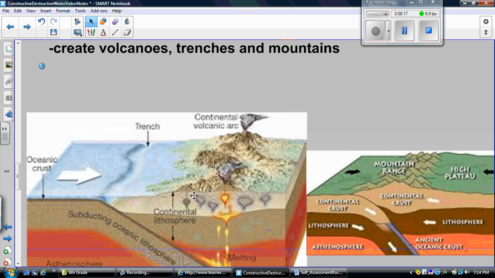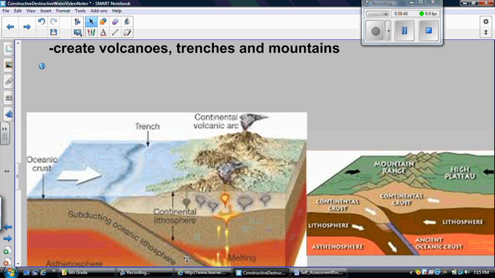If you have a continental plate colliding with an oceanic plate, the oceanic plate is more dense, so it will sink beneath the continental plate. When it sinks, that's called subduction, okay? All that rock that makes up the oceanic crust gets put under an intense heat and pressure, and so it starts to melt.